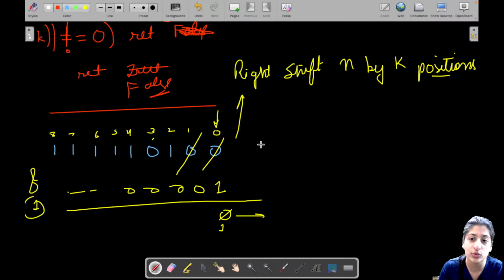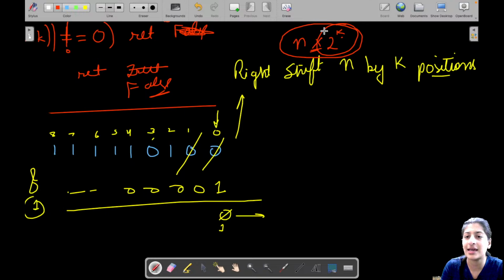Again, I told you, shifting any number by k positions means you are multiplying that number by 2 to the power of k. When k was 1, you are multiplying that number by 2. So n times 2 to the power k is what the shift is in terms of the actual mathematical operation.